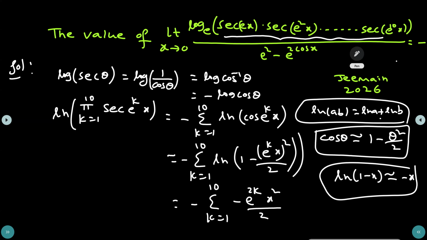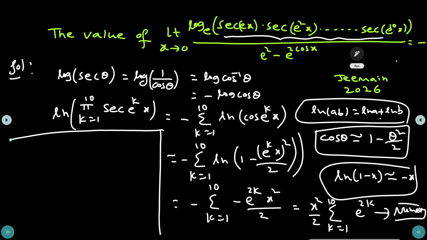Now this entire thing can be written as minus into minus, plus x square by 2. The constant with respect to sigma, you can write outside, so x square by 2 sigma k equal to 1 to 10 e to the power 2k. Okay, so this is the numerator term.